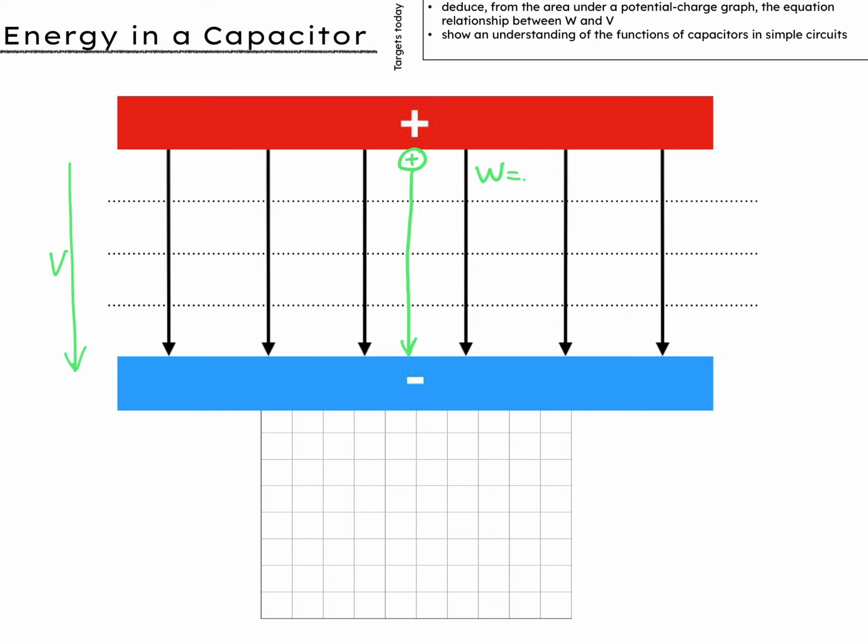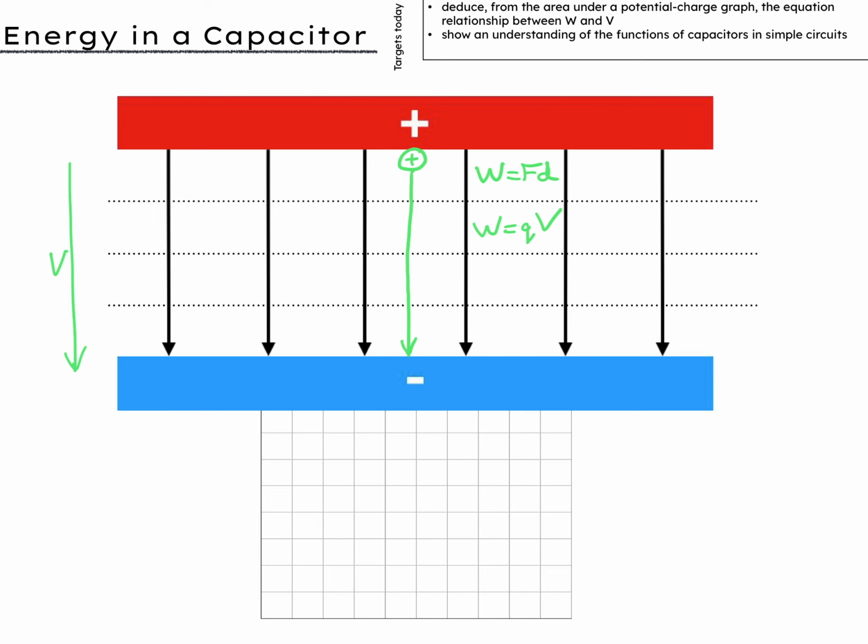W equals Fd, and hopefully you remember, we can also write this as W equals QV. If the particle was an electron and so Q equals e, we'd have W equals eV and the definition of the electron volt. Anyway, W equals QV.